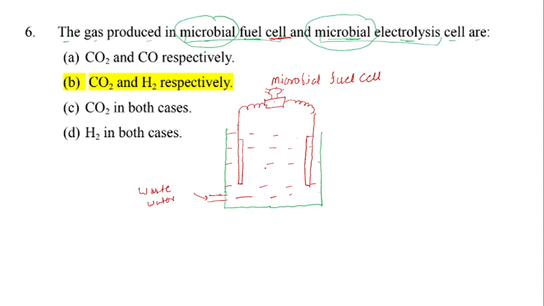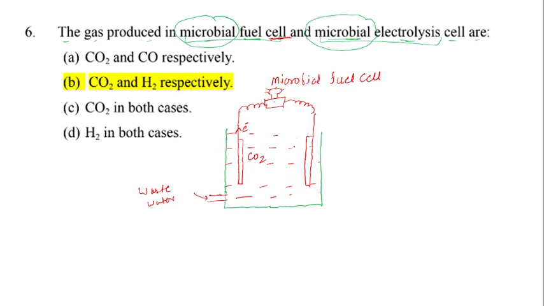Whenever oxidation happens, CO2 will be produced. Something is oxidized, so electrons will be produced. The electrons will flow like that, and CO2 will be formed here.